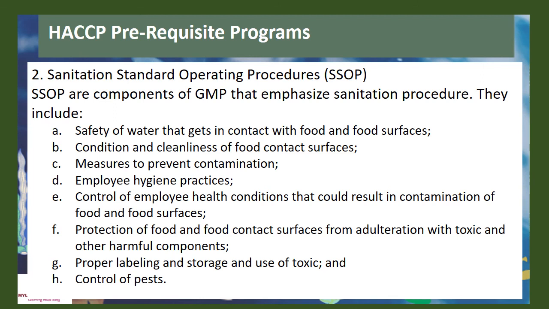They include safety of water that gets in contact with food and food surfaces, condition and cleanliness of food contact surfaces, measures to prevent contamination, employee hygiene practices, control of employee health conditions that could result in contamination of food and food surfaces, protection of food and food contact surfaces from adulteration with toxic and other harmful components, proper labeling and storage and use of toxic substances, and control of pests.